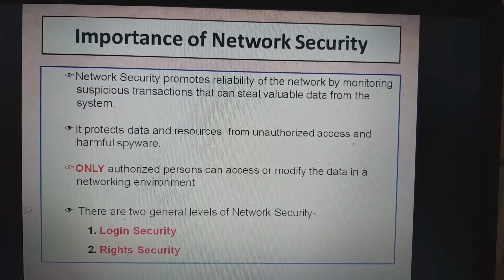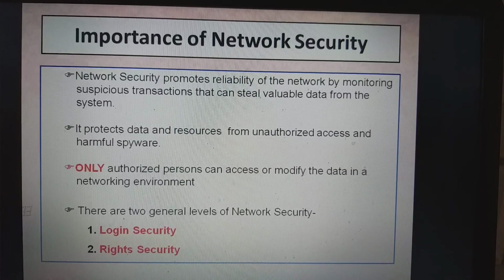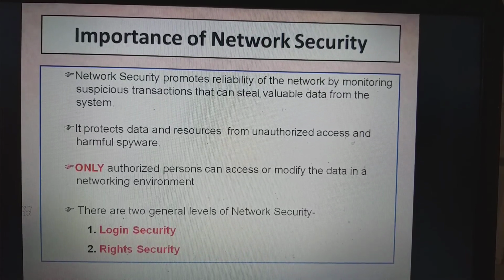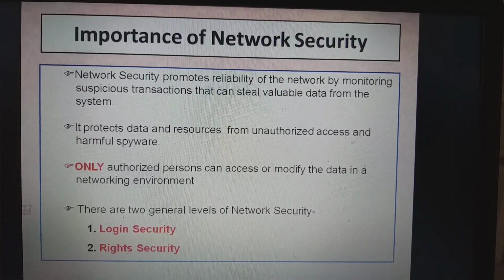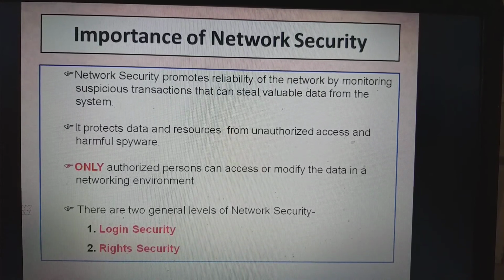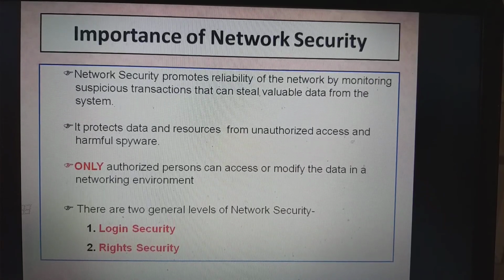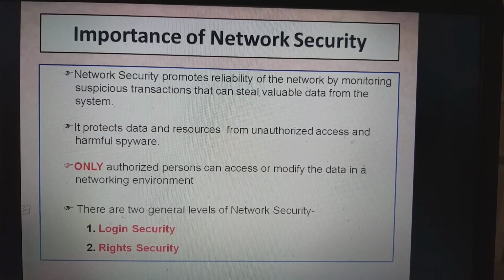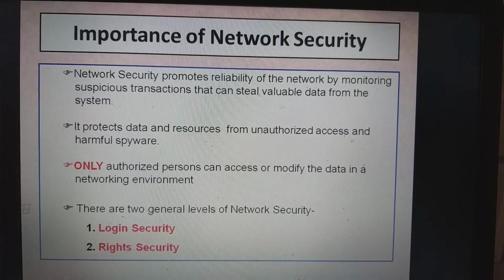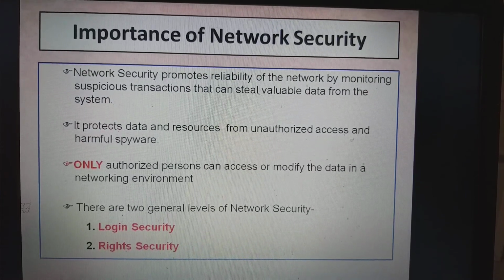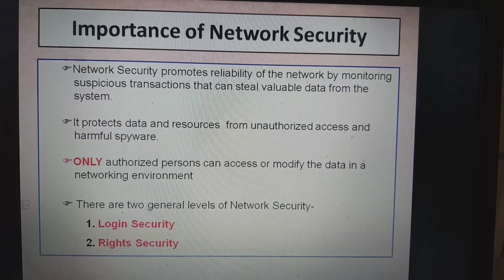Now, we will discuss the importance of network security. It promotes reliability of the network by monitoring suspicious transactions that can steal valuable data from the system. It protects data and resources from unauthorized access and harmful spyware. Only authorized persons can access or modify data.